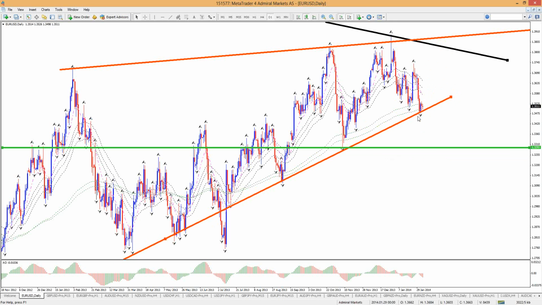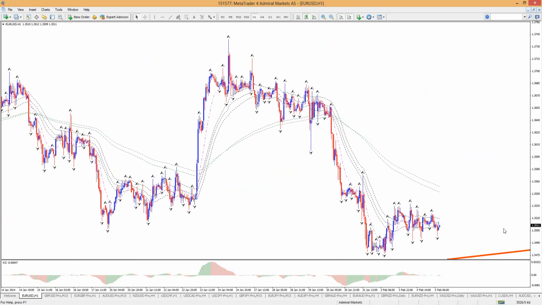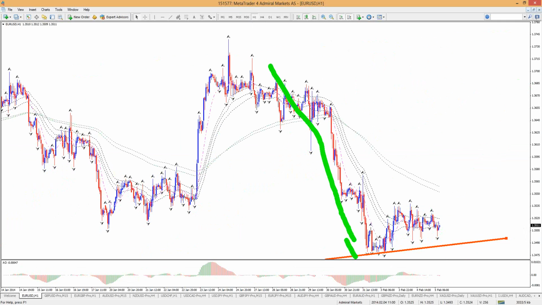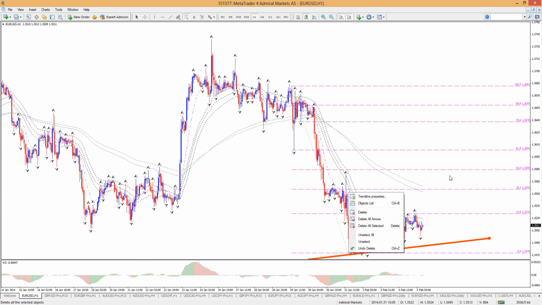So from this daily and weekly perspective, if we then zoom back to the hourly, we can see that there could be a reason besides a bearish formation. It could also be just a pattern for a potential bounce, maybe a bounce off this trend line for more upside. But because of the downside pressure, it's something that I wouldn't trade, and I would really only be interested in trading upside if we break the 50 fib here.